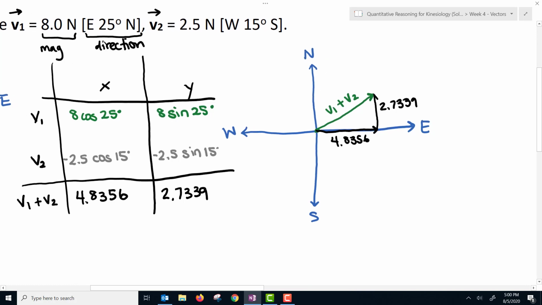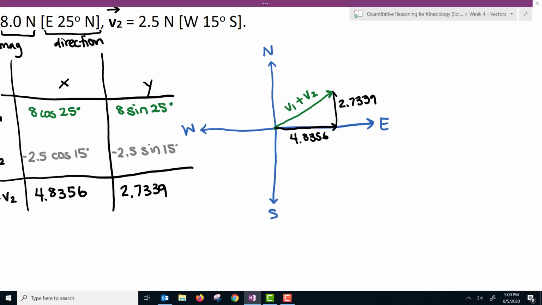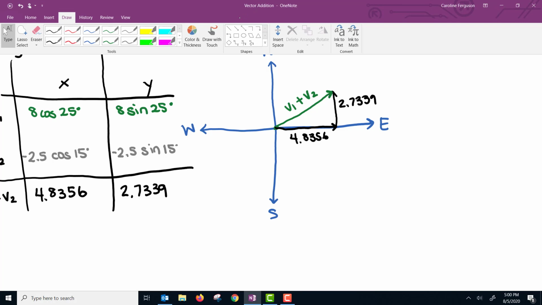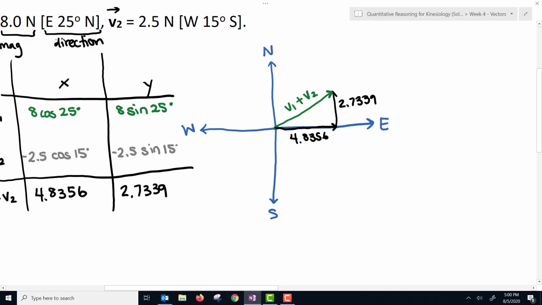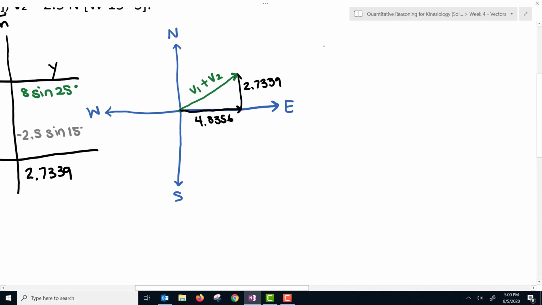To find the magnitude, we use Pythagorean Theorem. To find the direction, we use tan theta equals opposite over adjacent. So let's start with Pythagorean Theorem, which is a squared plus b squared equals c squared.